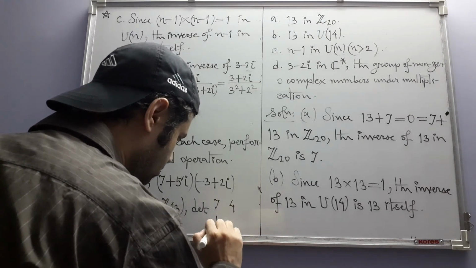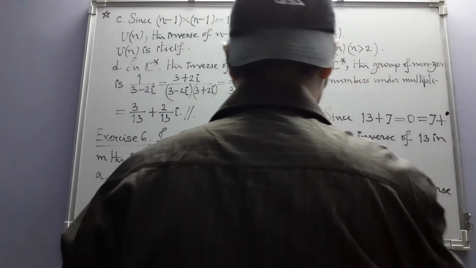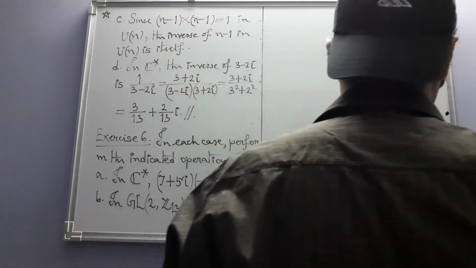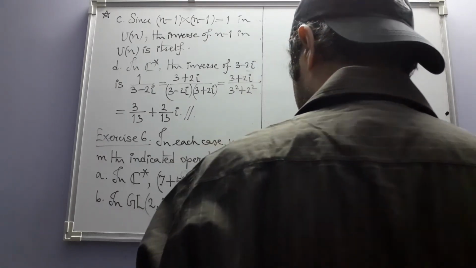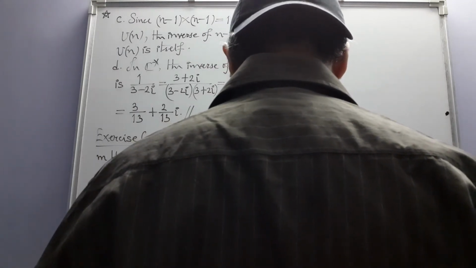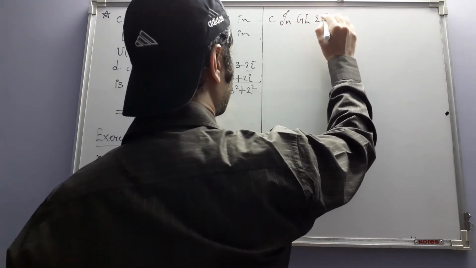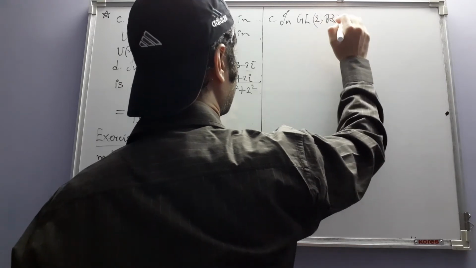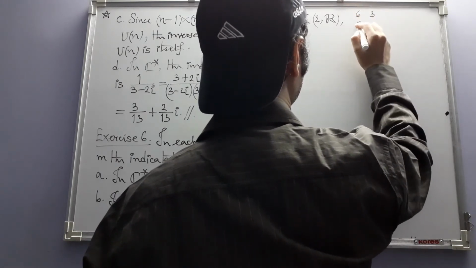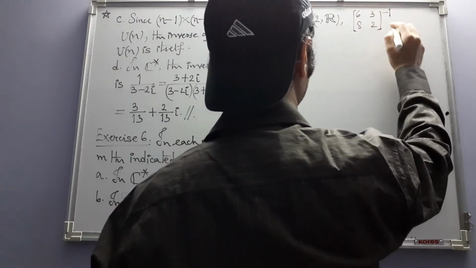The matrix 7, 4, 1, 5. Part C, in GL2 comma R, the matrix 6, 3, 8, 2. For this matrix, we have to find the inverse.